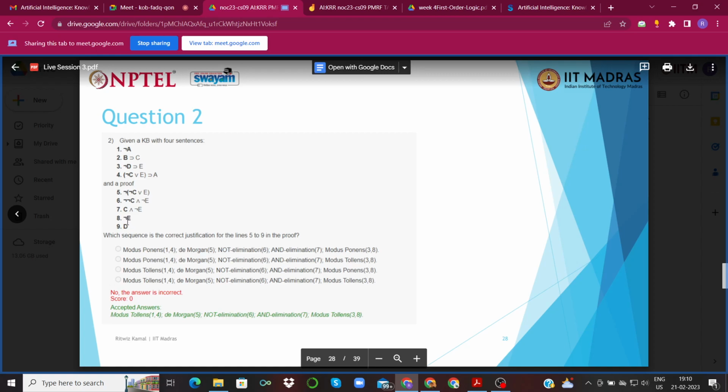and then they are using modus tollens again, from this eighth sentence, which is not E, and the third sentence, which is not D implies E, right?